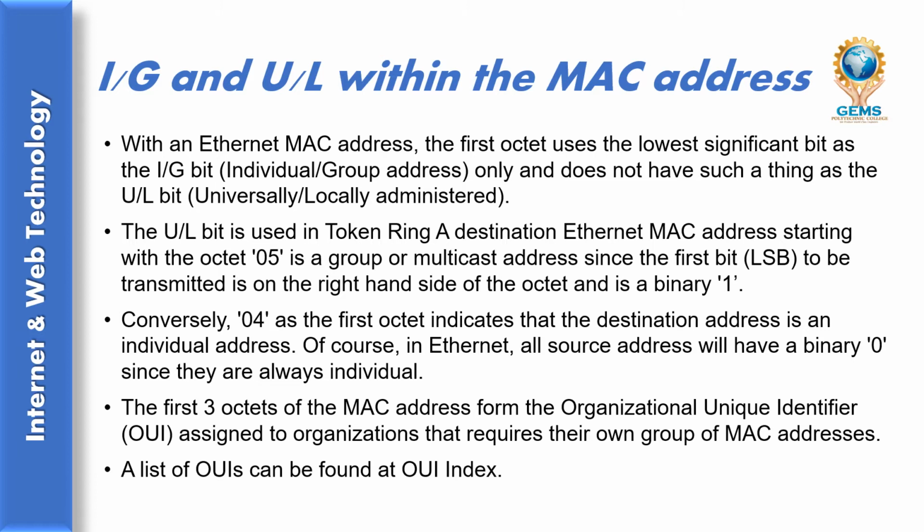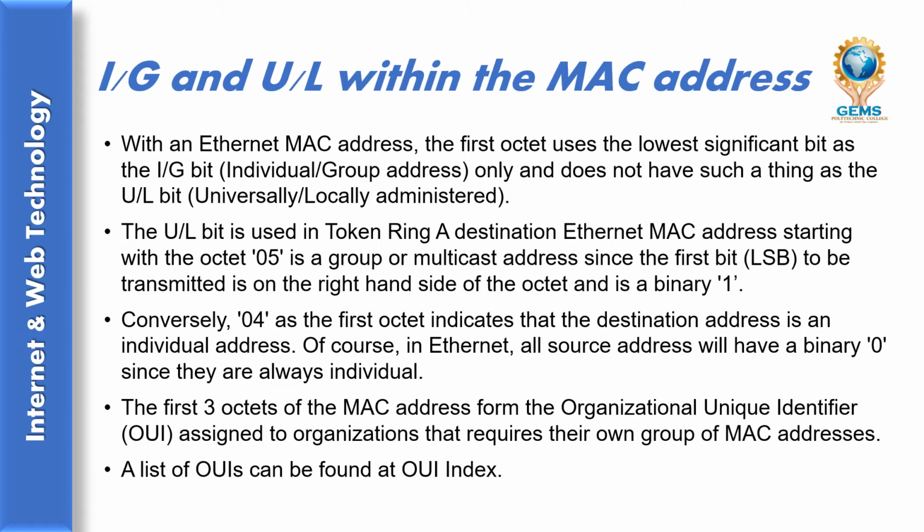Individual or group address and universally or locally administered are bits within the MAC address. Within the Ethernet MAC address, the first octet uses the lowest significant bit as the individual or group address bit only, and it does not have a UL bit.